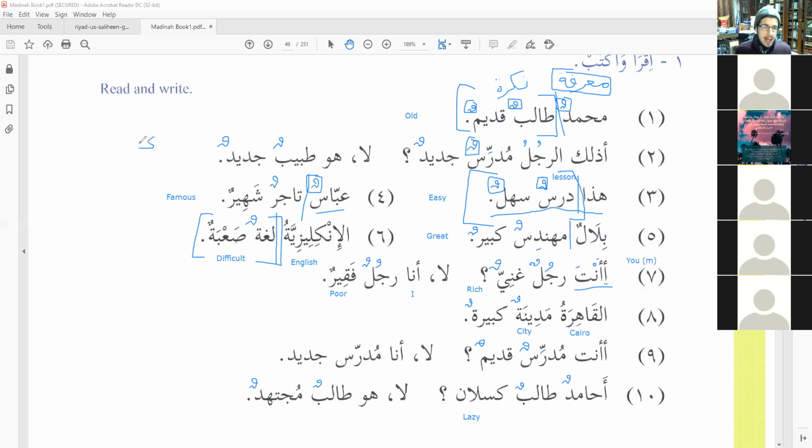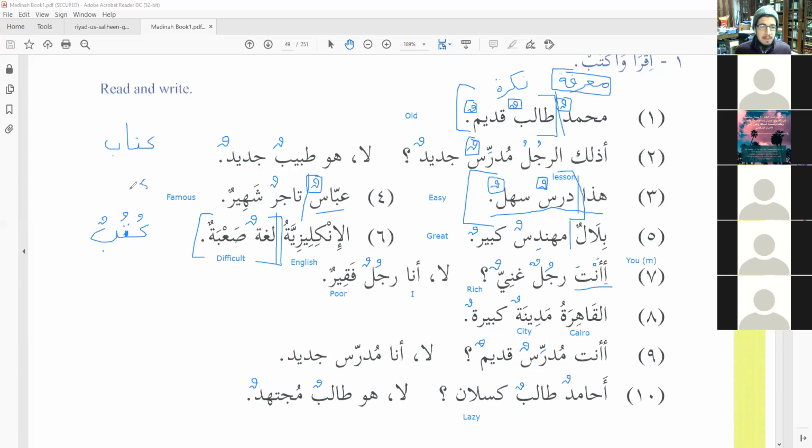So if we have kitabun, that is singular. If we want to make it plural, we have kutubun, which is what's called a broken plural because it is a non-adamant object. And then we have the dual.